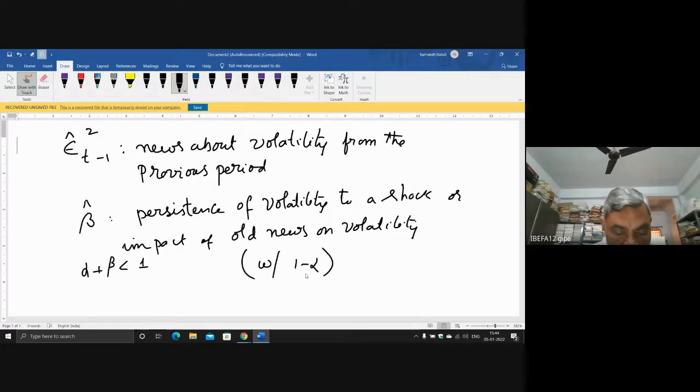This was the unconditional variance for ARCH, whereas the unconditional variance for GARCH would be omega upon 1 minus alpha minus beta. This is for GARCH.